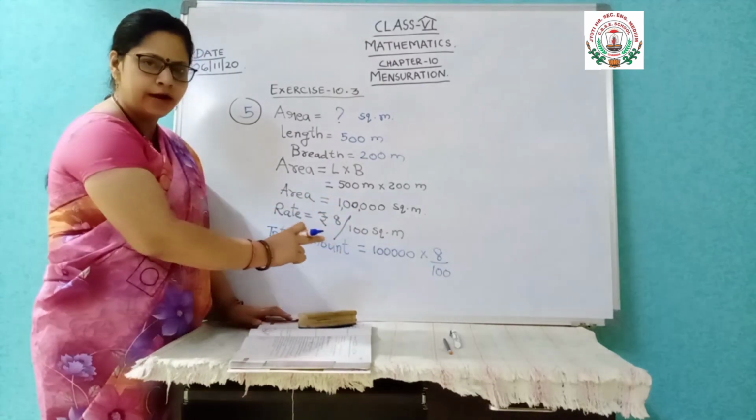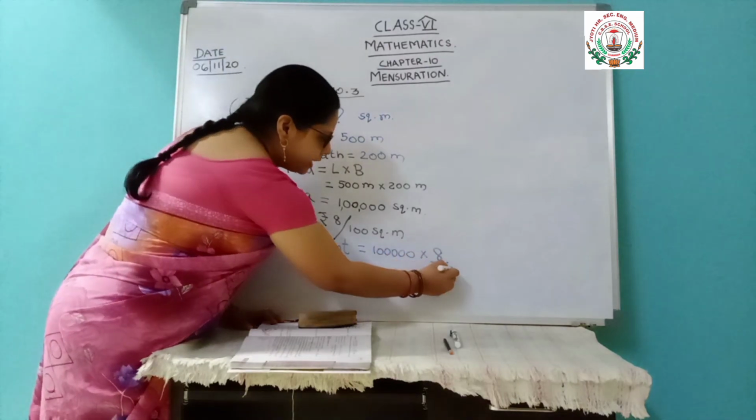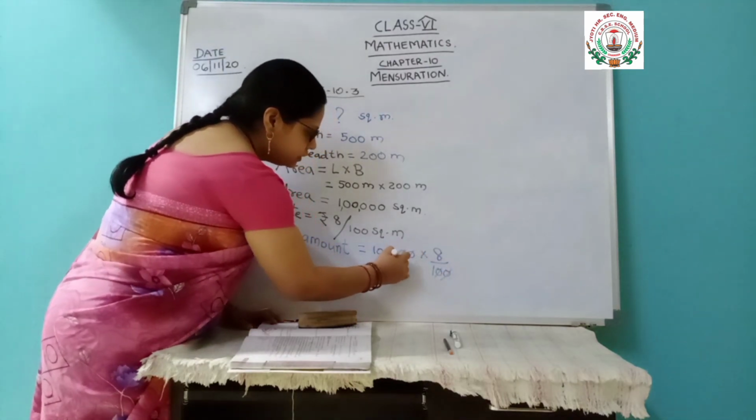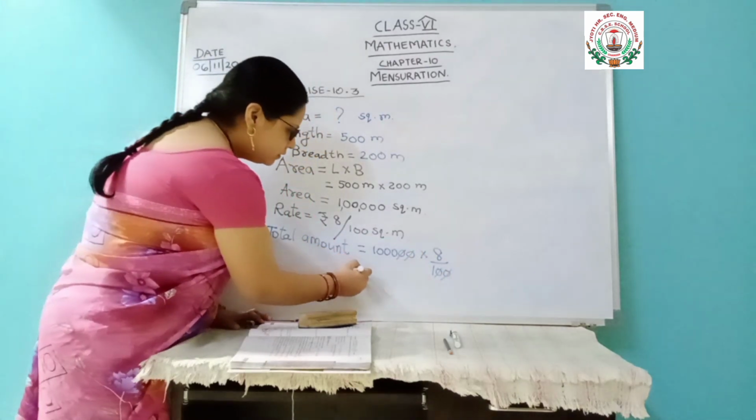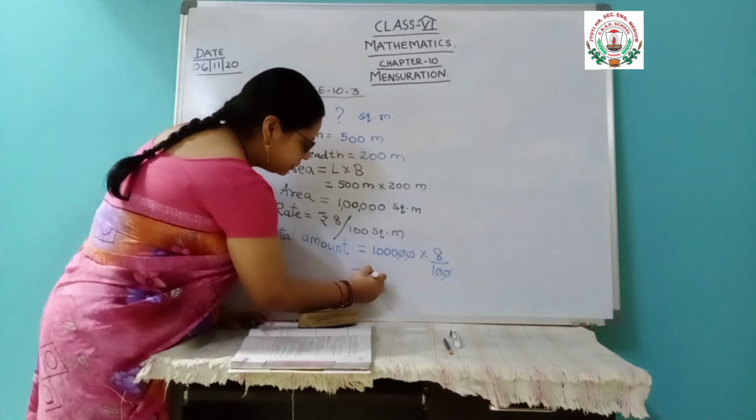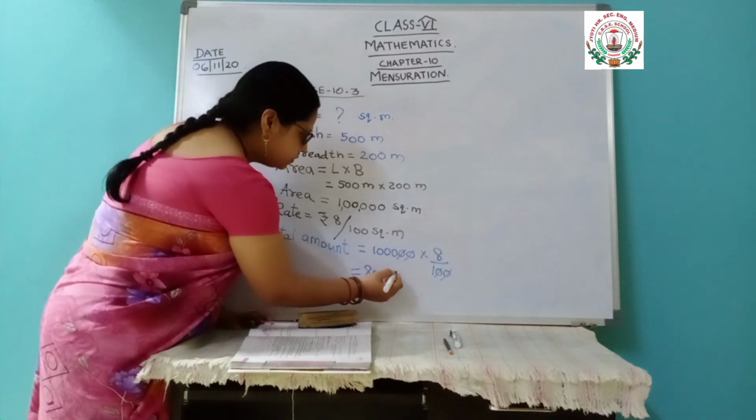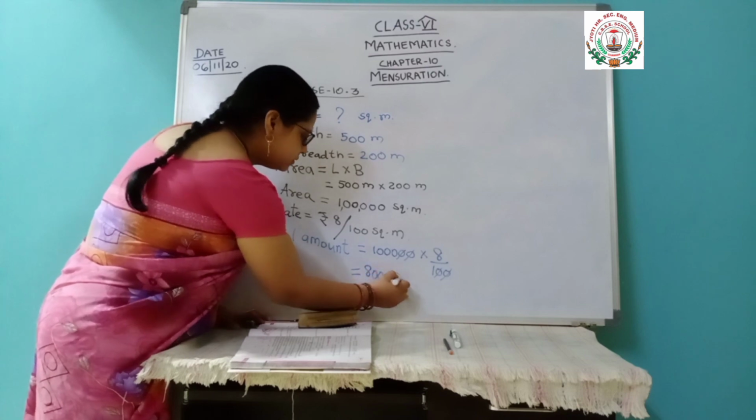Now you cancel zeros. This many zeros got cancelled. Now multiply: 8,000. So 8,000 rupees.